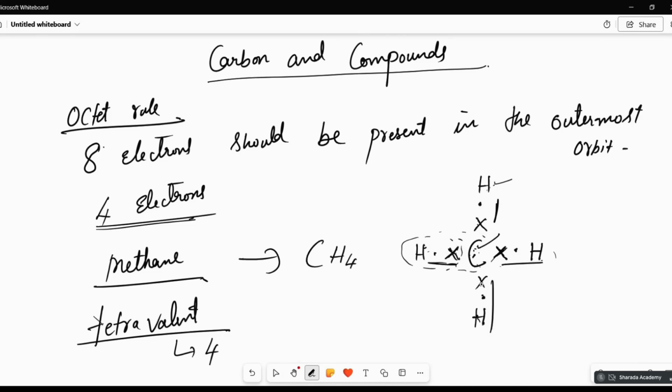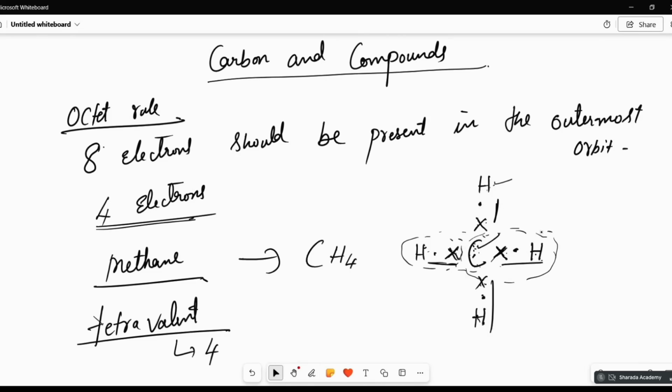So 4 outermost electrons are there. Each hydrogen has 1 electron. This hydrogen shares its electron with this carbon, so this electron will revolve around the hydrogen as well as the carbon.